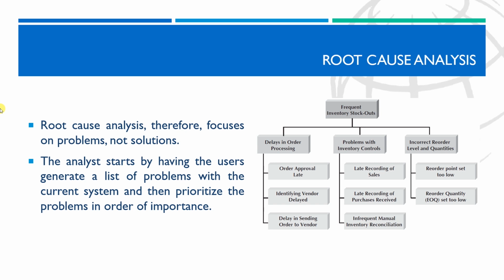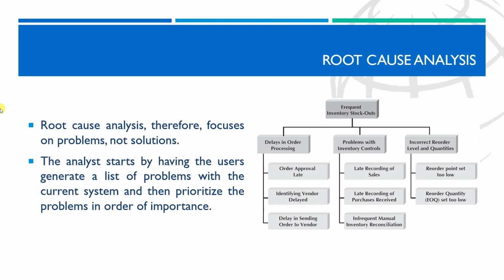In our example, there are several possible root causes. The firm's supplier might not be delivering orders to the firm in a timely manner. Another could be that there is a problem with the firm's inventory controls, and another could be that the reorder levels and quantities are set wrong, and probably there are many others.